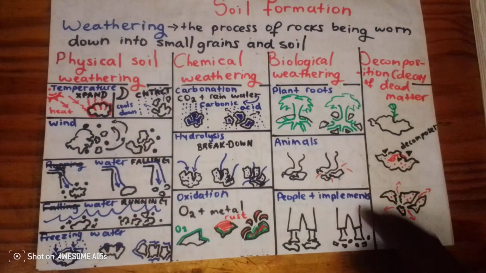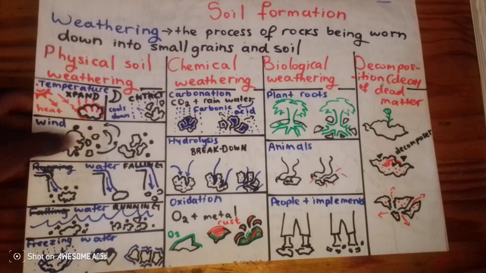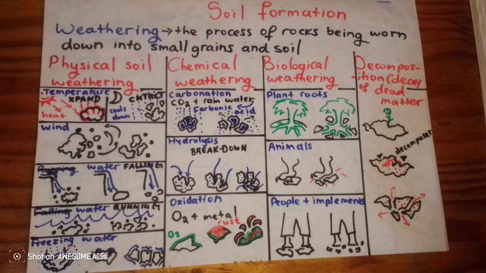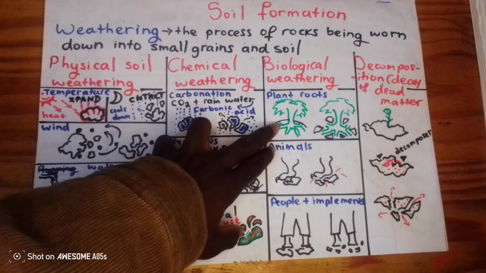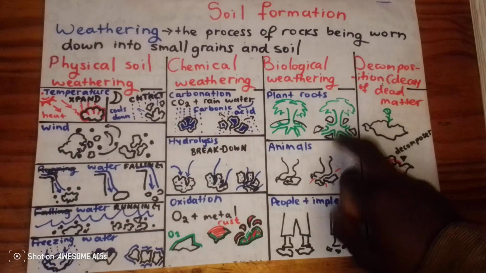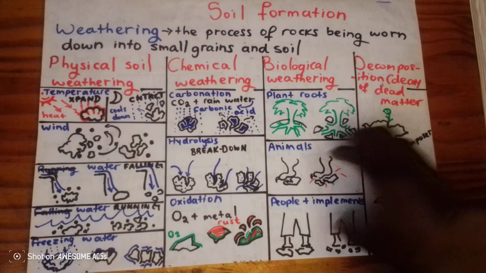Then we look at biological weathering. So here we are exploring the effect of plant roots, of animals, and human beings and their implements. Now, if a tree is growing, the roots grow deeper, and over time they break apart the rocks underfoot, under the tree.